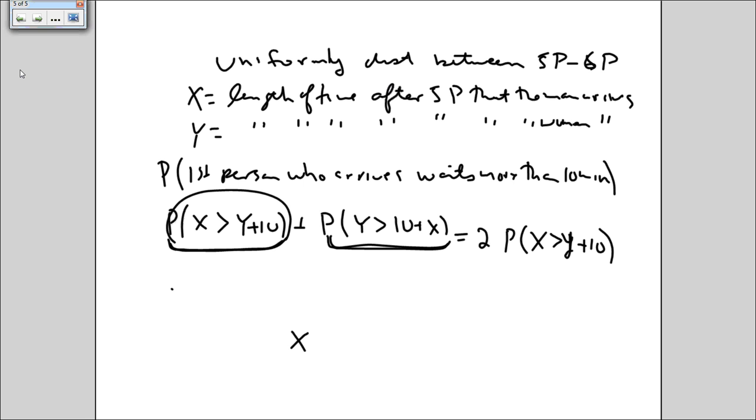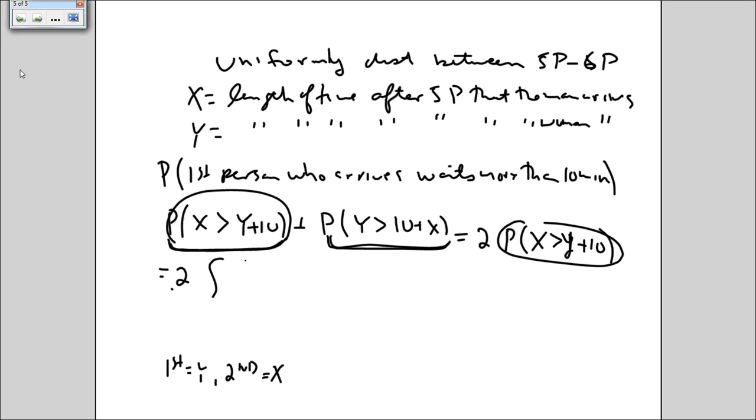Now this means that X minus Y is more than 10. First, and X came last. Equal to 2 times the probability.